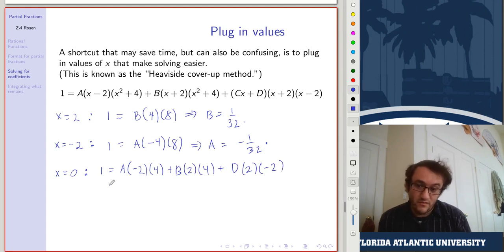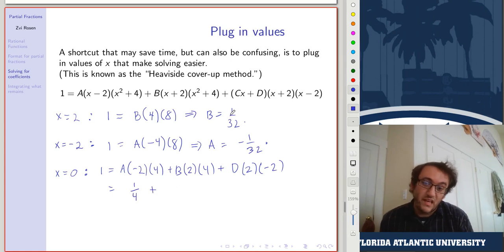And this tells me, because we already know what a and b are, so this is minus 8 times minus 1 over 32, that's positive 1/4, plus 1 over 32 times 8, which is another positive 1/4, plus negative 4d.